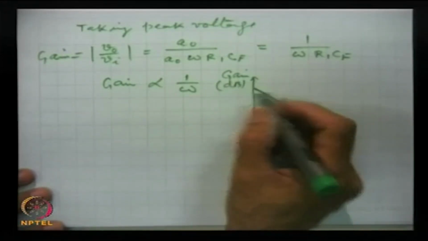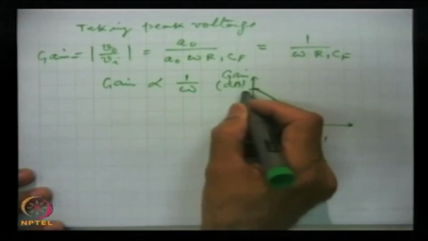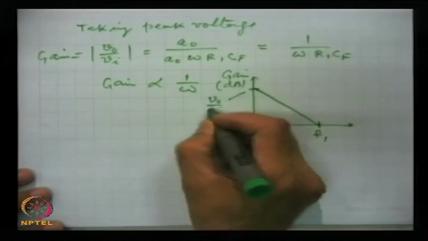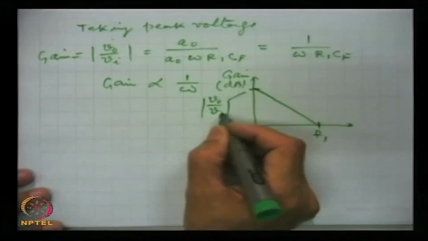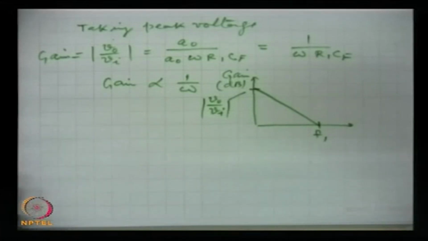And this represents the magnitude of V0 by Vi. Now, the gain is falling, and it can be shown that this fall is minus 20 dB per decade change in frequency. So, if frequency becomes 10 times, then gain becomes 1/10, that is the meaning.